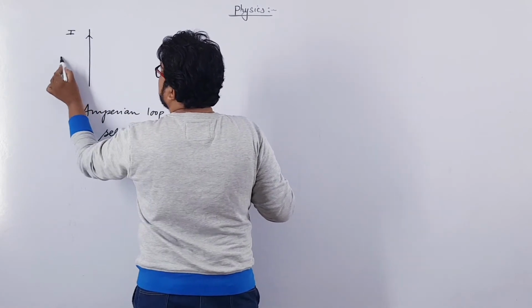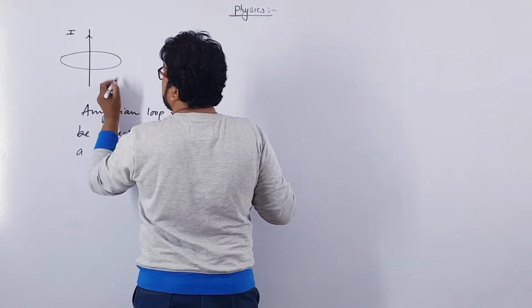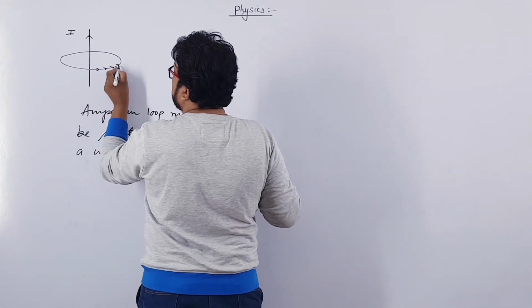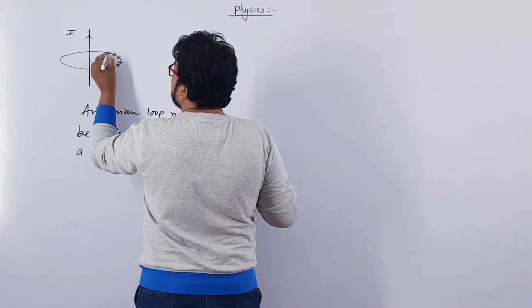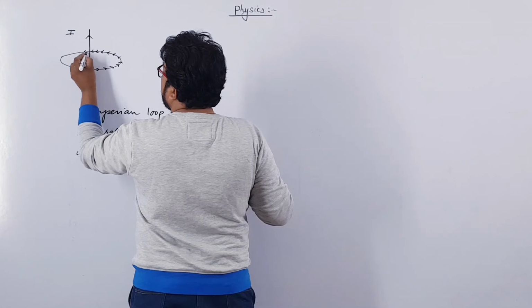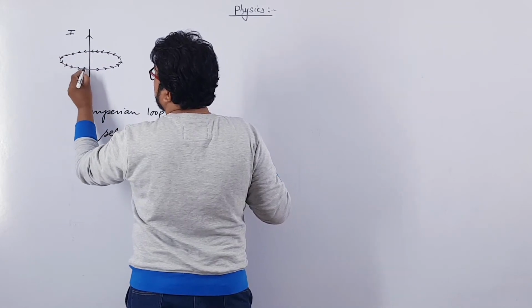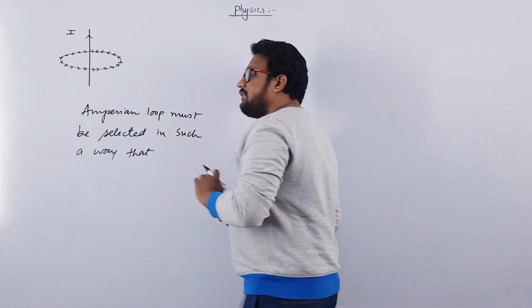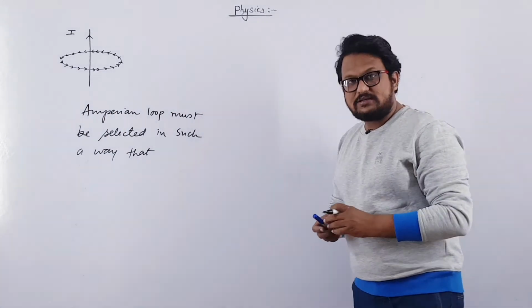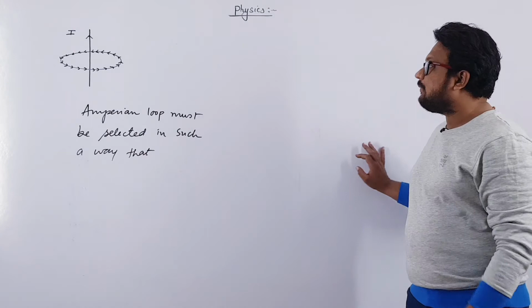If we are selecting an Amperian loop like this, let us say we are going to take it in the anti-clockwise direction. Generally we take it in the anti-clockwise direction. If you take it in the clockwise direction, our answer will not change at all, right?